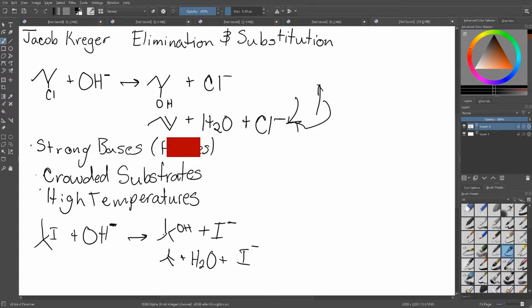But one reason why this reaction is likely to be favored is because this substrate right here is very sterically hindered. These hydrogens are going to push on this iodine, and they're going to make this iodine really just want to leave this compound, simply because it's so crowded. If you increase the temperatures as well, that would also make this even more common.